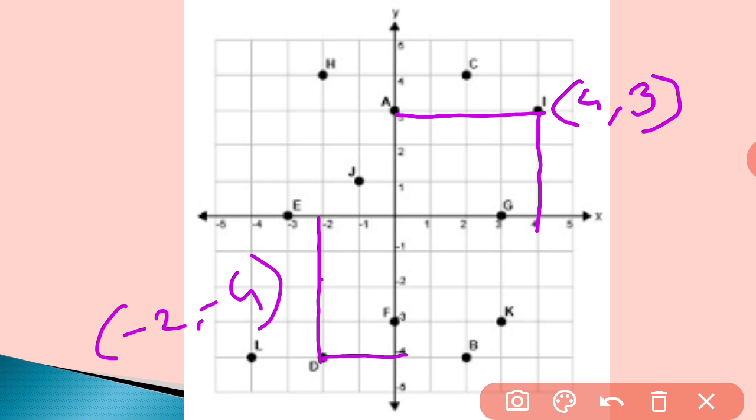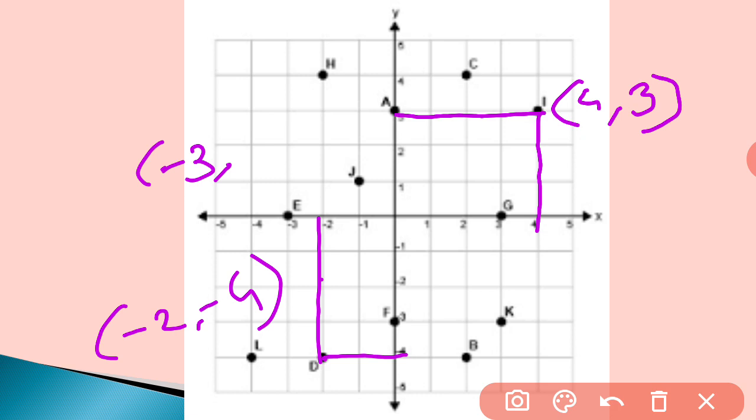Now if I consider one more point, that is E. My first perpendicular has to be on the x-axis. But here point E itself is on the x-axis. So its location will be the point where it lies. So it is minus 3 here, comma. Now I have to draw one perpendicular on the y-axis.